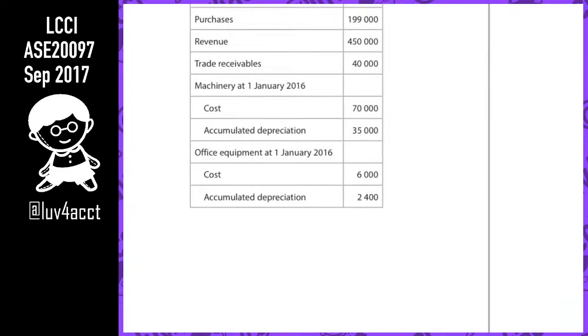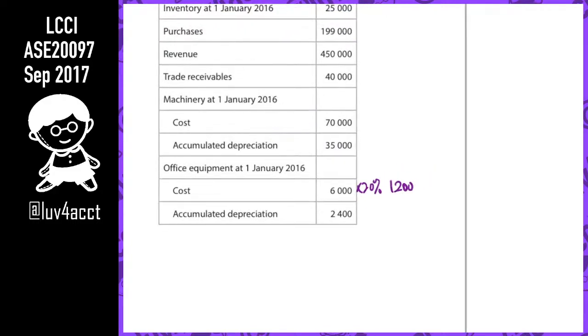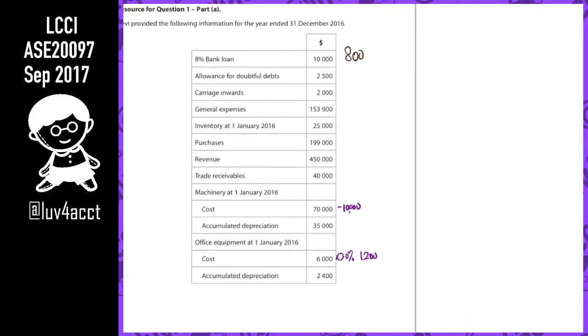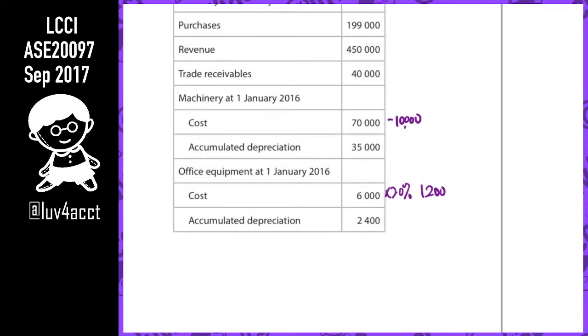Office equipment 20% straight line, so we have 20% of 6,000, that is 1200, right? And then the cost we have to reduce by 10,000 because it is the opening balance of machinery, minus 5100.